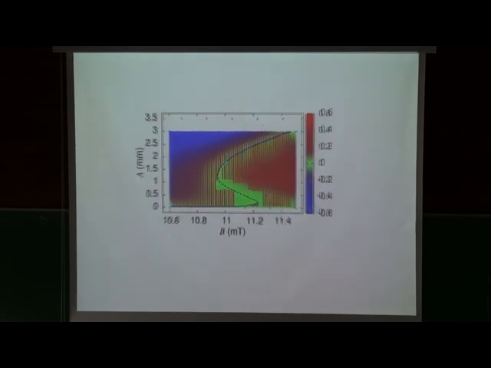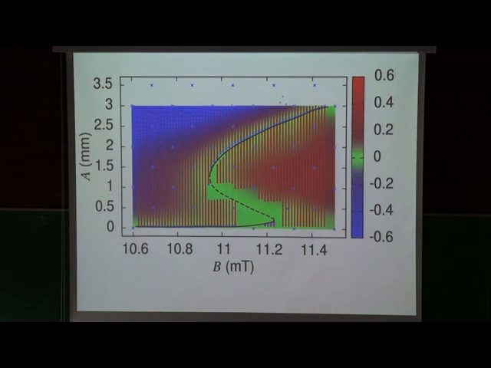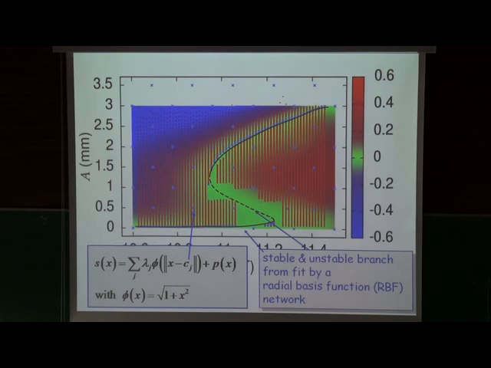Now once we have that, we check how the predictions fit to the experimental data. For a nice description of the experimental data, we use a radial basis function network. This is just a technique to get a smooth curve out of all this data here.